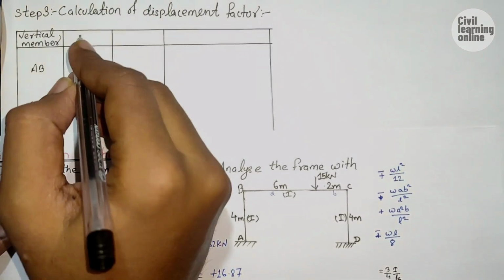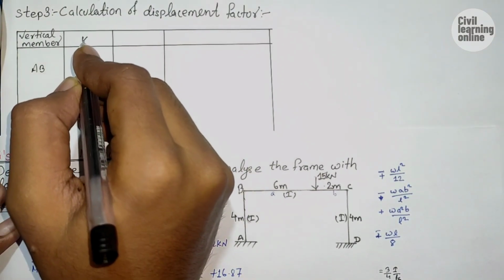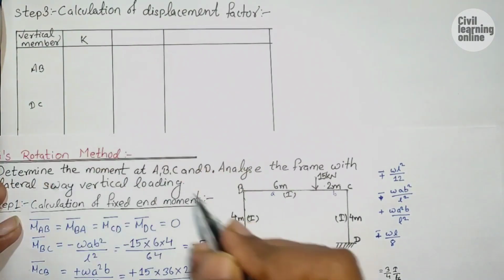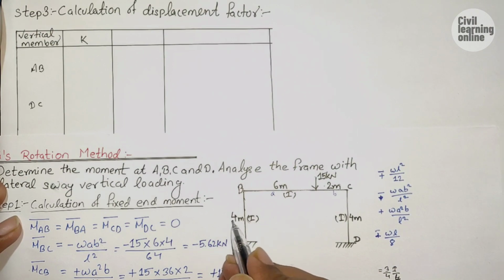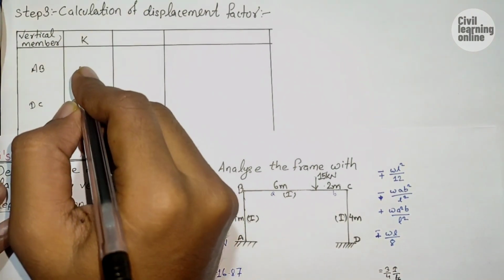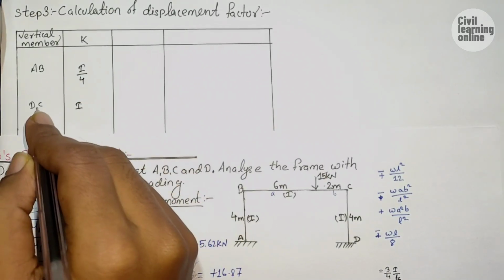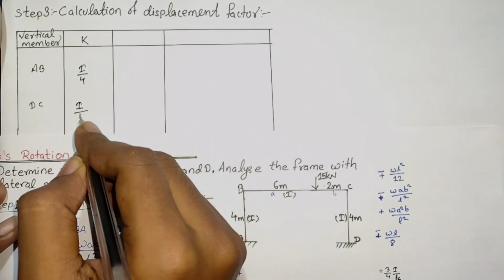In the second column we need to calculate the stiffness factor K, and for K we again use the formula I upon L, so I upon 4. Similarly, DC will also be I upon 4.